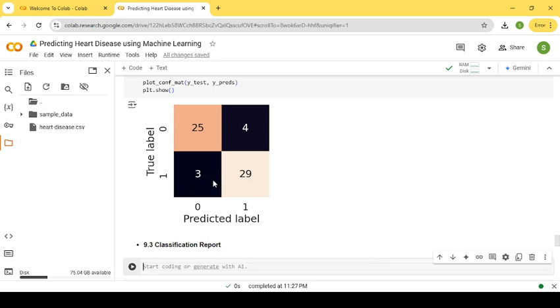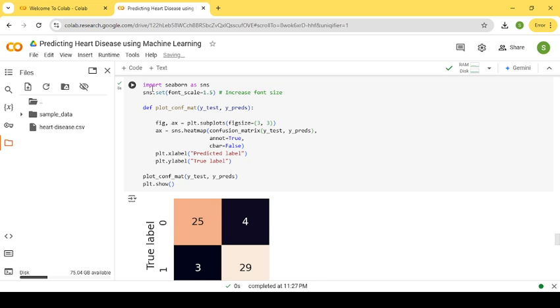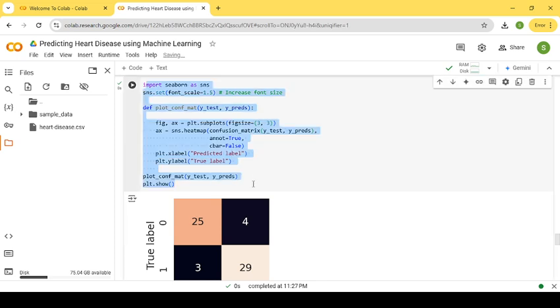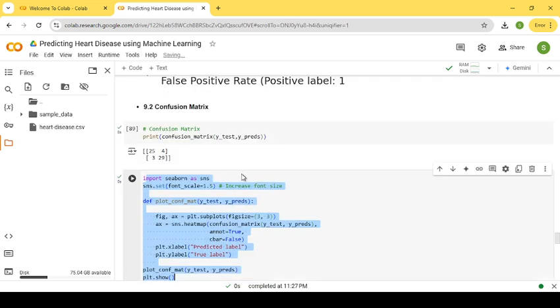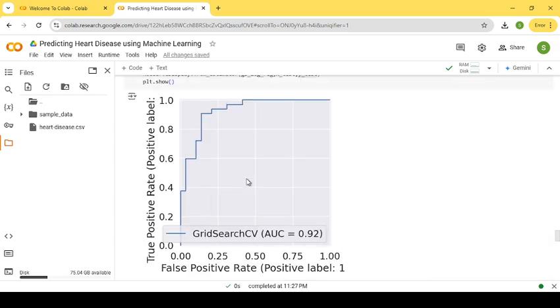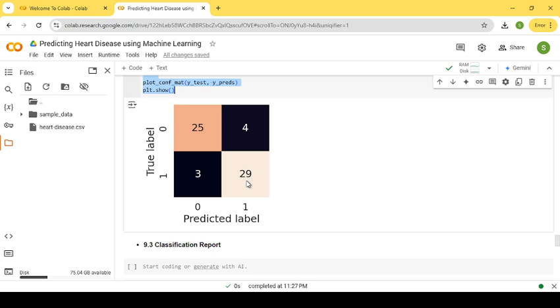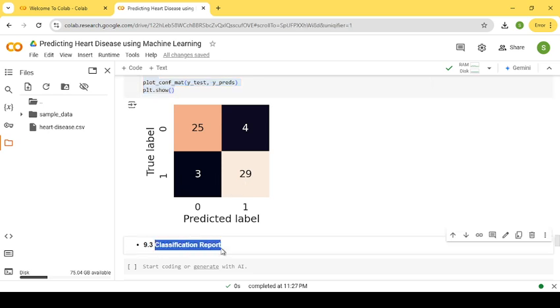Just to remind you about all of these values for the confusion matrix, for the ROC score, and now we are gonna talk about the classification report.